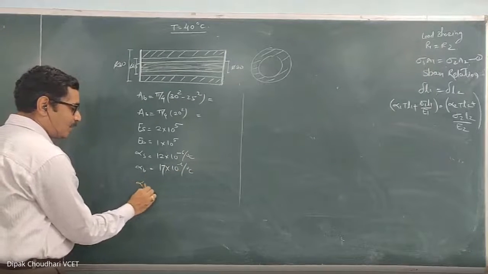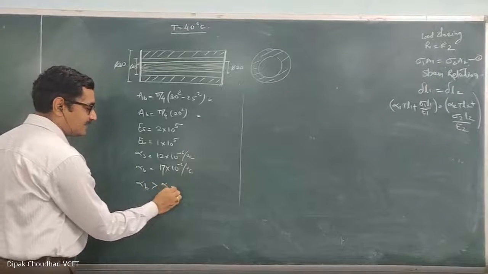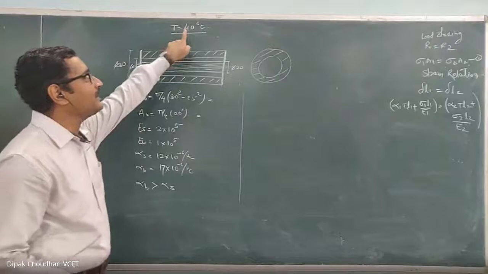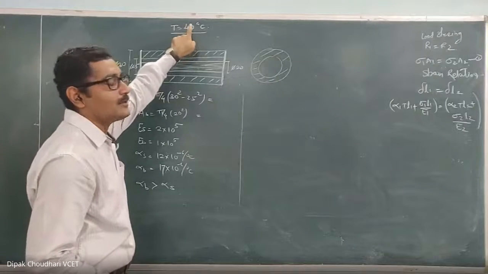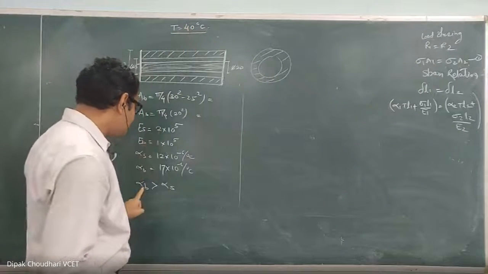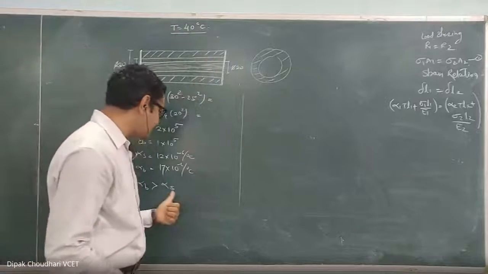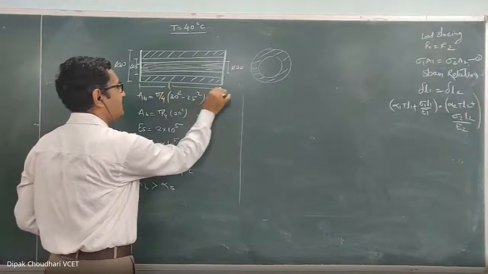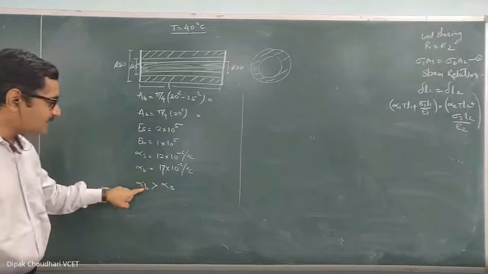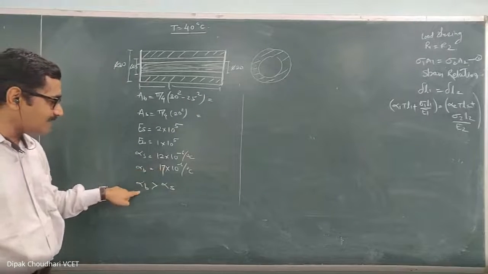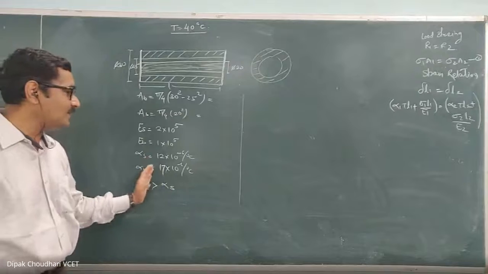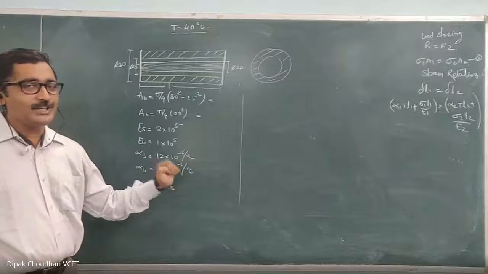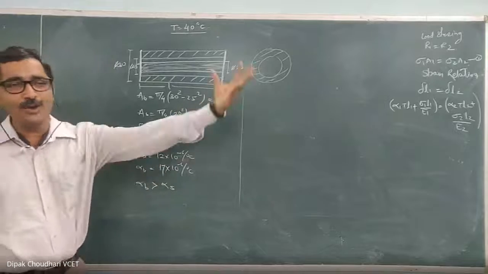So you will observe that alpha B is greater than alpha S. It means if they are free to elongate for the same change in temperature, the brass will elongate more than the steel if the initial length is the same, and here it is the same. But steel is rigidly connected with the brass, so it will not allow the brass to elongate freely.